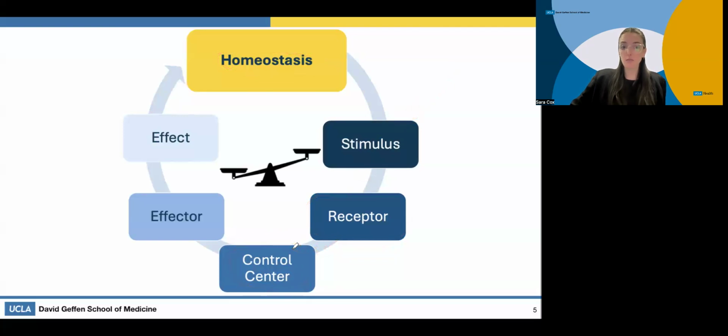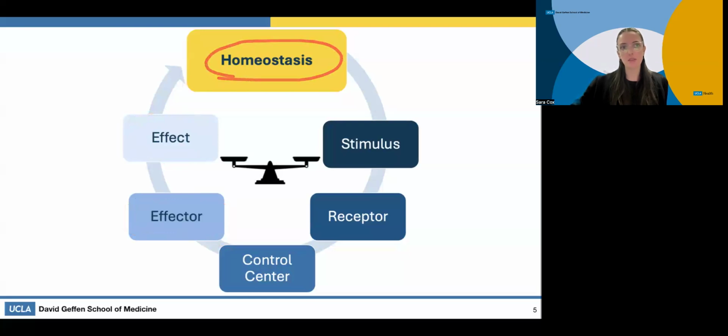Oftentimes, this is the brain. That control center will send instructions to some sort of effector in the body to cause a change. That desired effect will take place, and that will help us balance back to that very essential homeostasis.